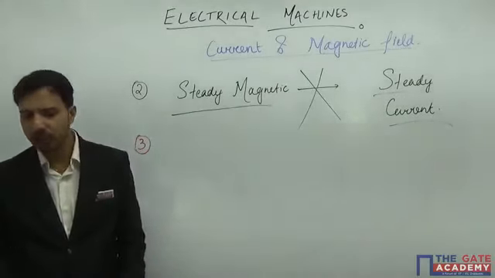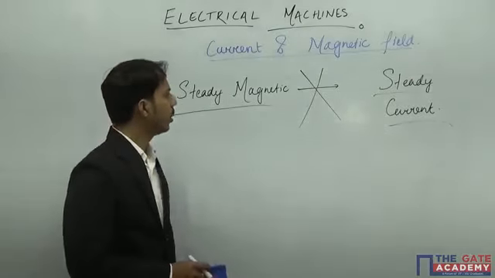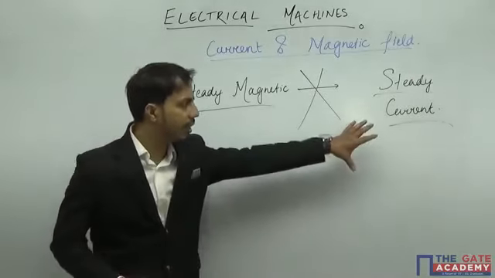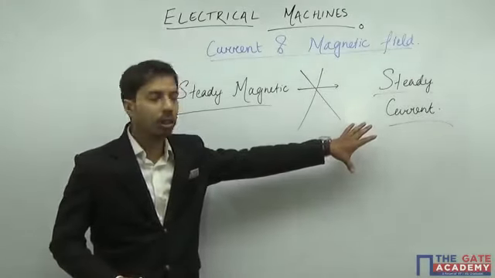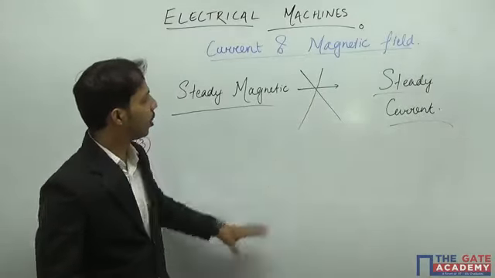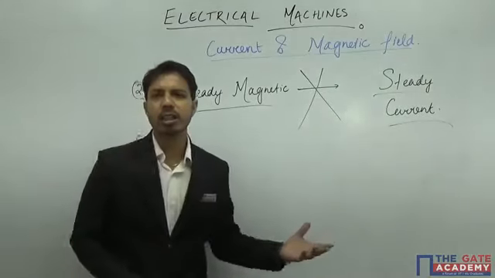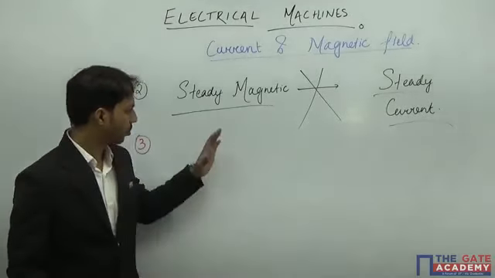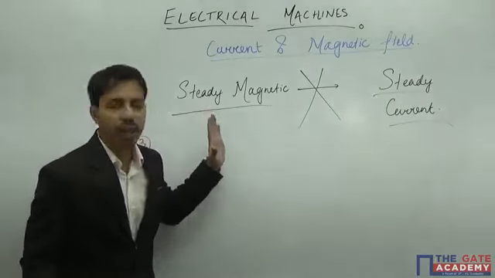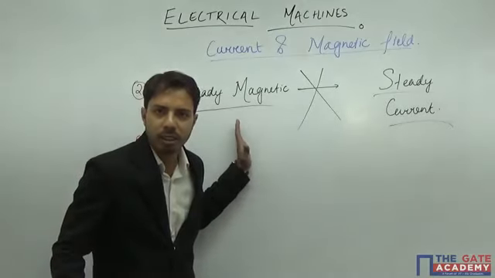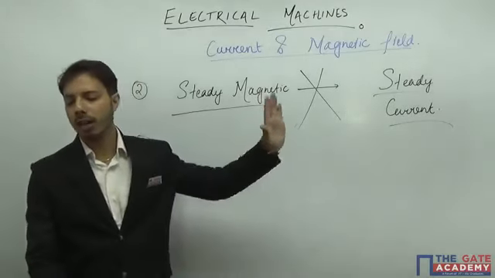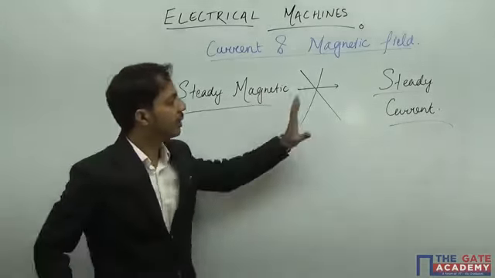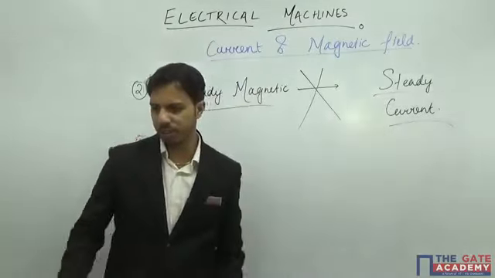Okay, similarly, if I have a steady current, then what will happen? Or in other words, if I have a changing magnetic field, then I can produce a steady current here.